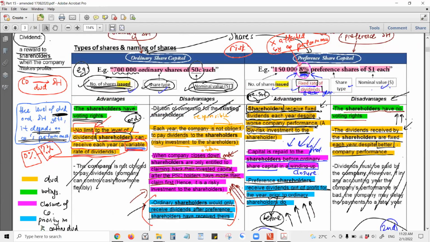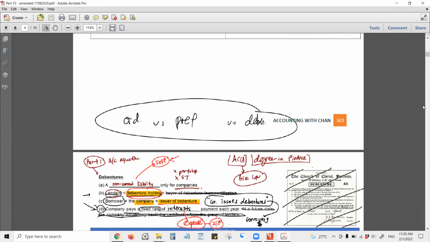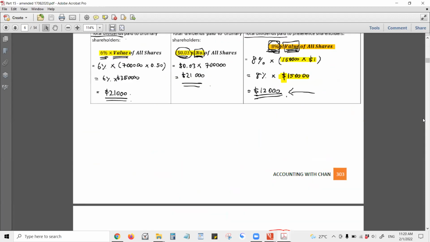So this table, remember, ordinary shareholders receive variable rate of dividend. Preference shareholders receive fixed dividend. Okay. And remember, in the table of SOCIE, what dividends do we show there?